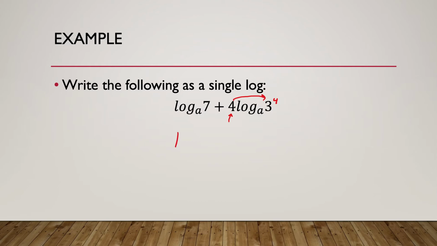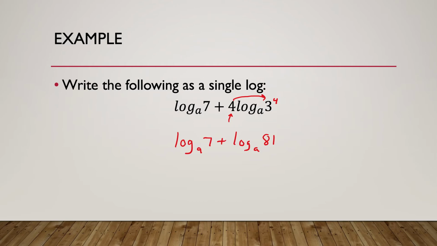All right, so that's going to give me log base a of 7 plus log base a of 3 to the 4th, which is 3 times 3 times 3 times 3, that'll be 81. Now, if you notice, we have a plus in between. Remember on our properties, the plus signifies that it used to be multiplication.